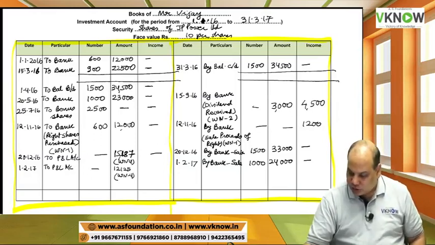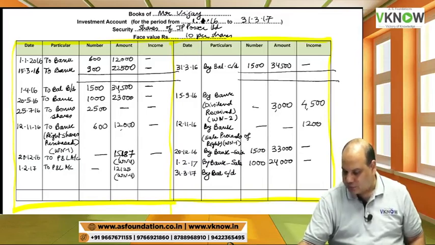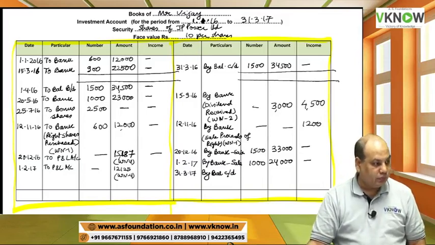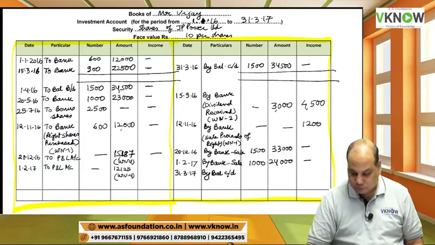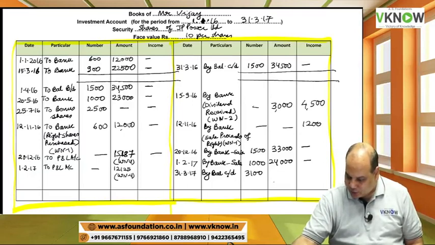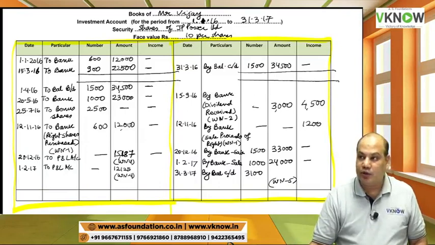Now you write down on the credit side, 31st March 17, by balance carried down, in the number column 3100. For the amount column, go to working note 5, where we have calculated the closing investment value.